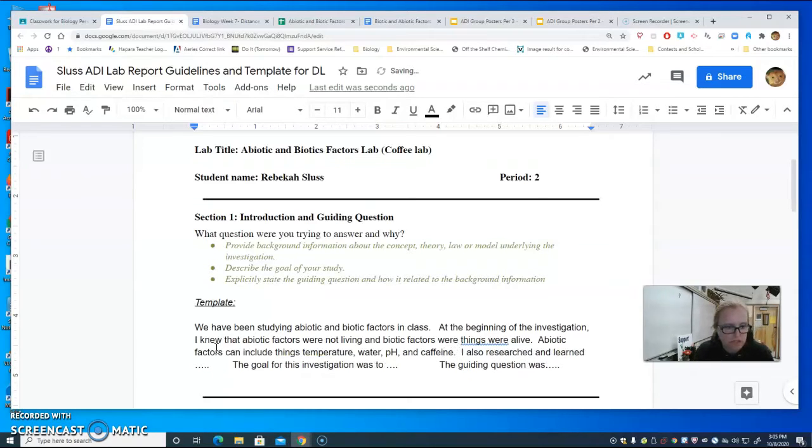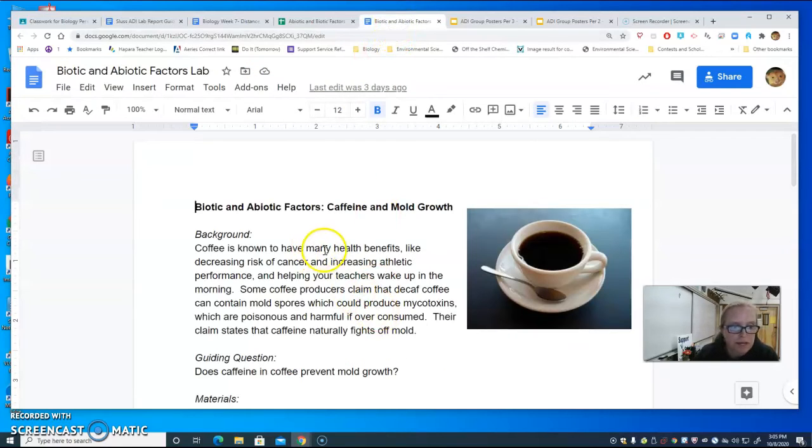You also researched and learned, maybe you should look up something about coffee here. I was going to also refer to the lab itself and maybe include some information like coffee is known to have many health benefits. I researched some information about coffee and then you might include that.